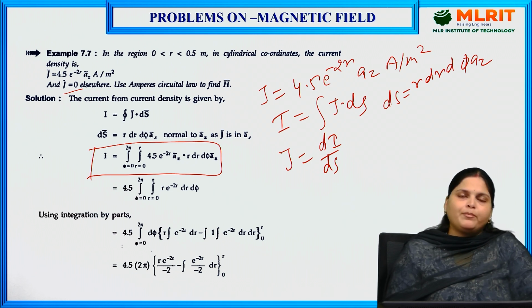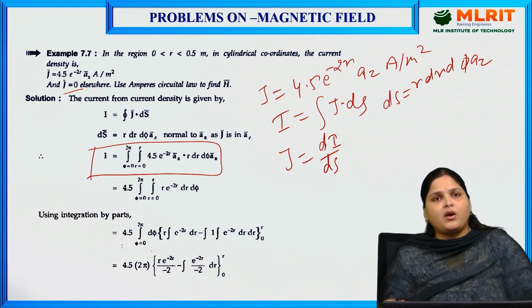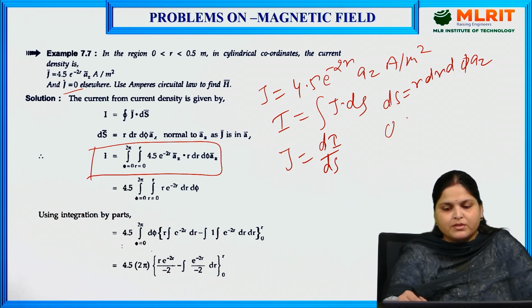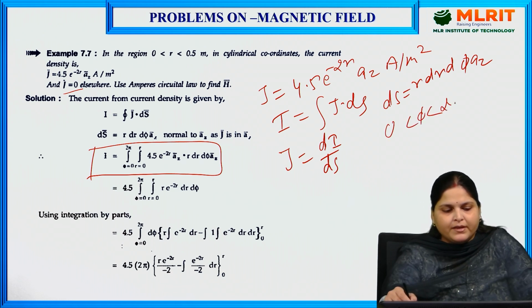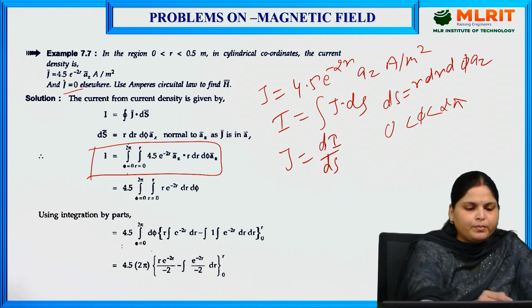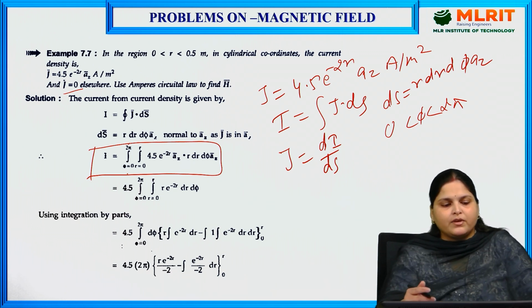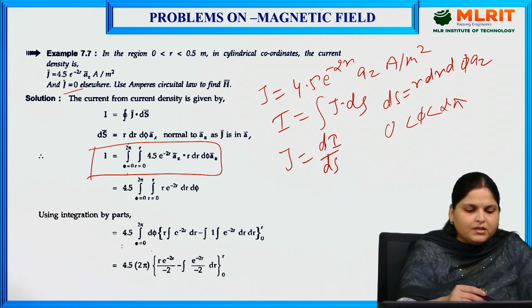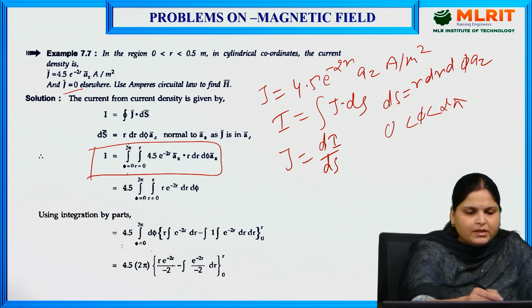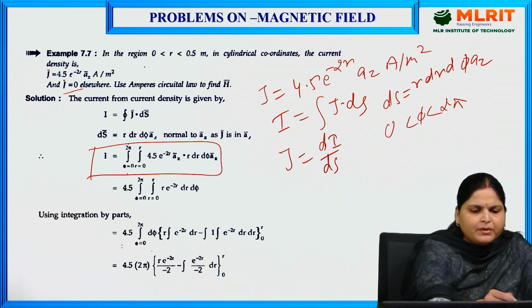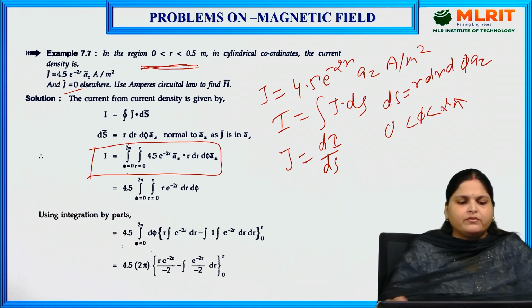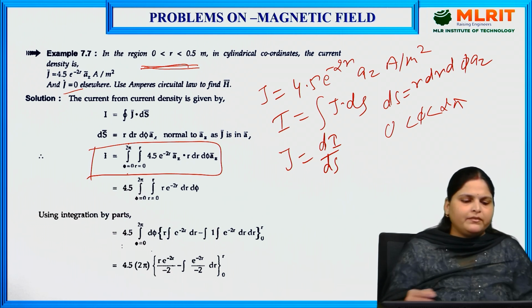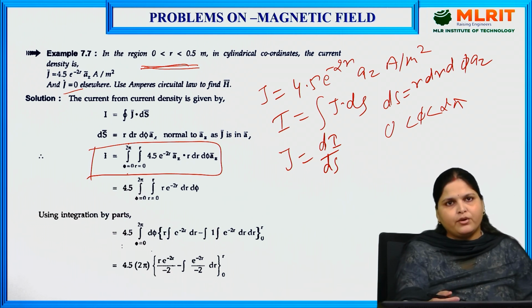So we will put the limits. We know in the cylindrical coordinate system, the phi angle, which is called the azimuthal angle, has its limit from 0 to 2 pi. So we will put the limit here 0 to 2 pi, and the limit of r is basically 0 to r, and further we can put this limit because it is given in the question, from 0 to 0.5. So either we can write it now or later also.